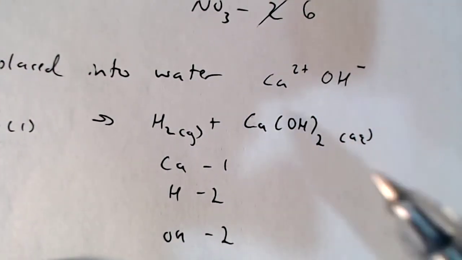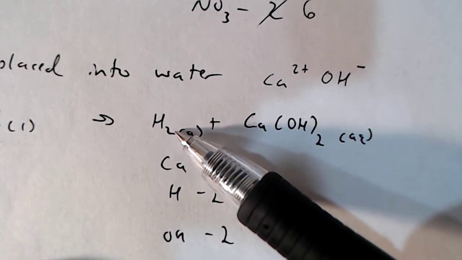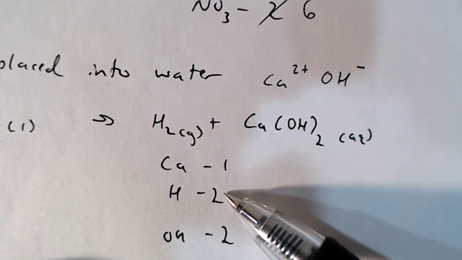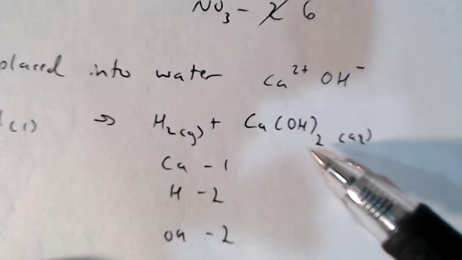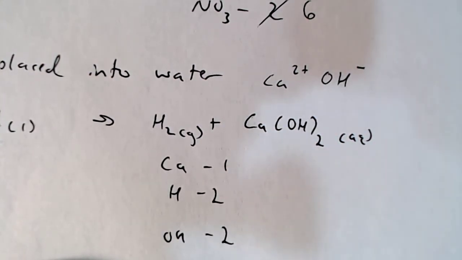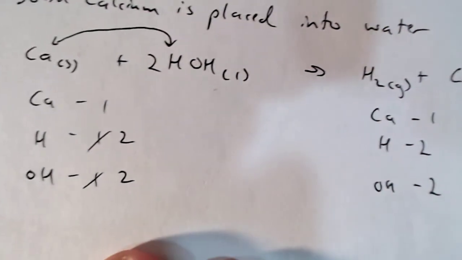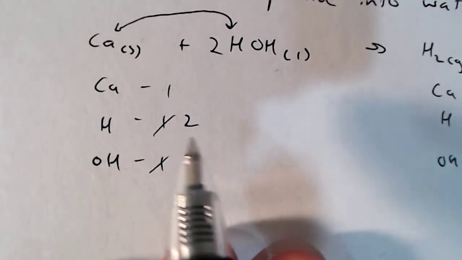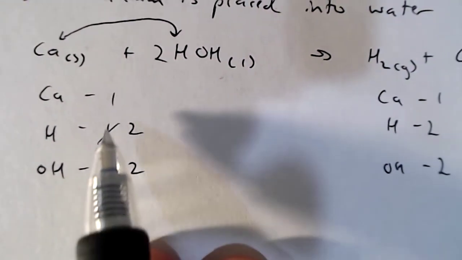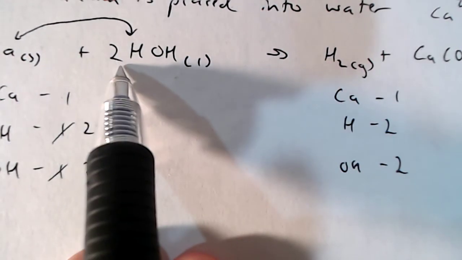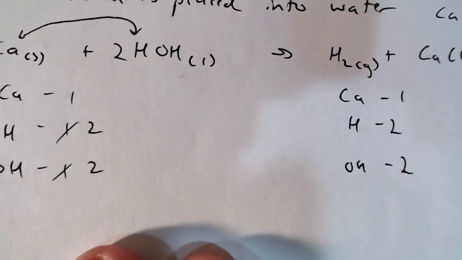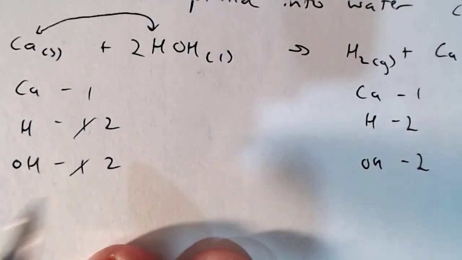And then on the right we have H2, so there's 2 H's, but we also have 1 calcium and 2 hydroxides. So we're not balanced for H or OH. Over here we have 1 of them, but over here we have 2 of them. But if you put a 2 in front of water, we'll have 2 H's and 2 OH's, and so we'll be balanced.